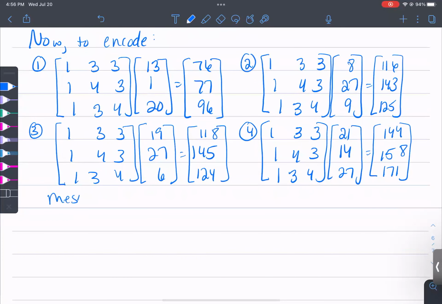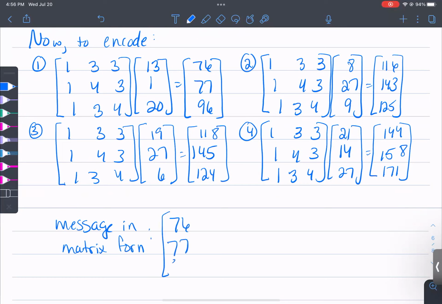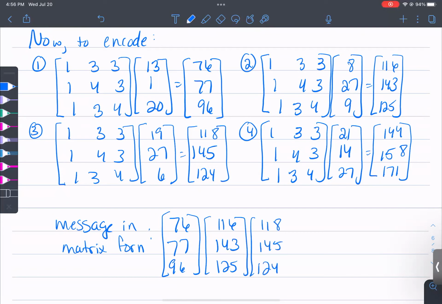So our message in matrix form will be our encoded 76, 77, 96, 116, 143, 125, 118, 145, 124, and 144, 158, and 171.